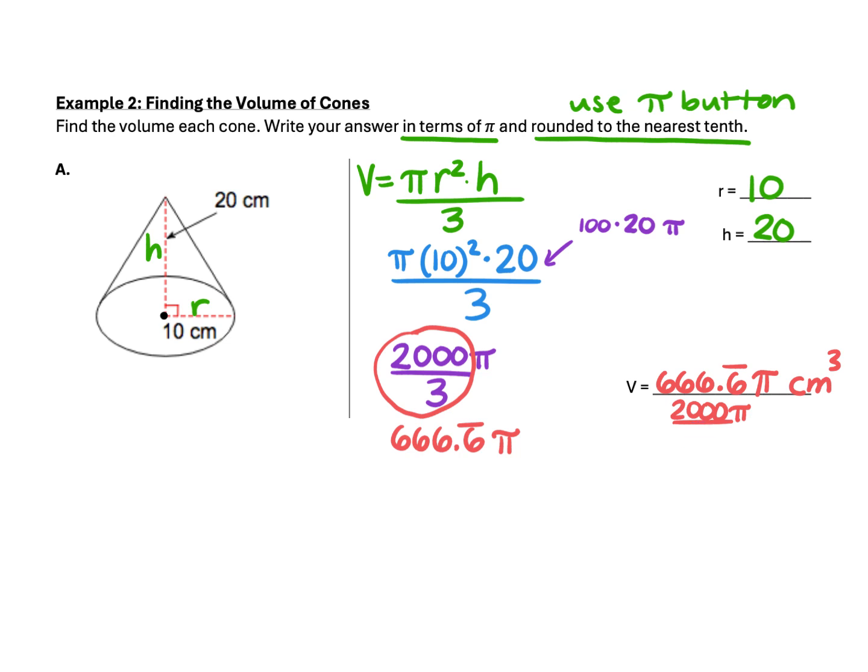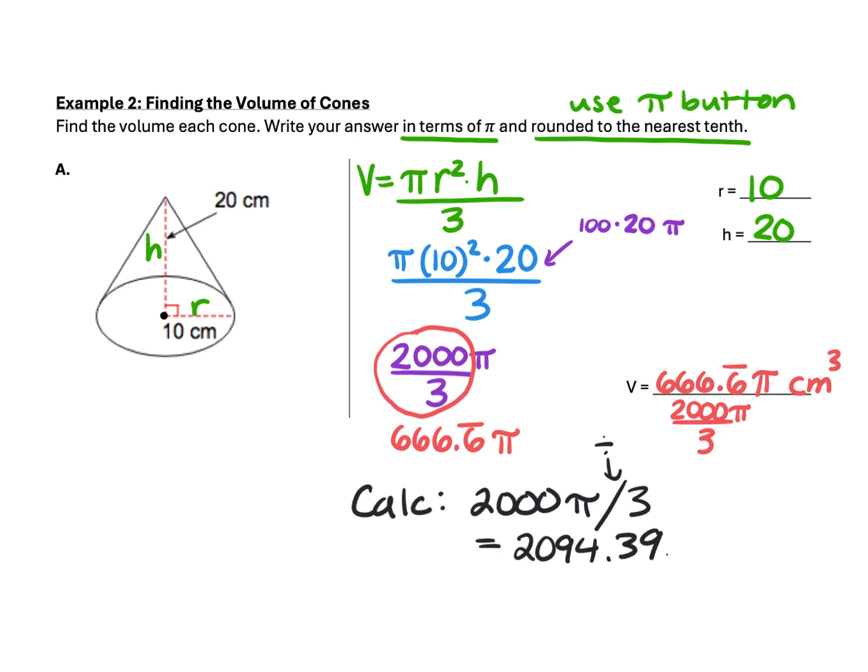Then to get the approximate answer, we need to use our calculators. So on the calculator, what you're going to type in is 2,000, then click the pi button, and then divide by 3. And the calculator will do the whole thing for you. When you stick that into your calculator, it's 2,094.39, keeps going.